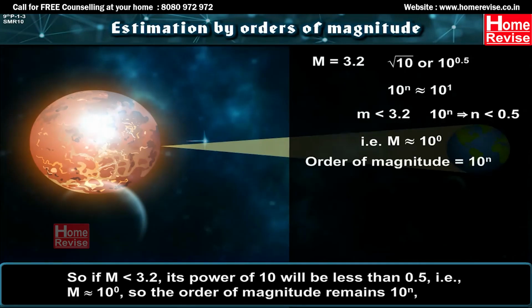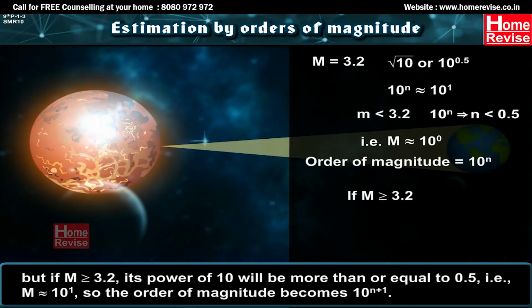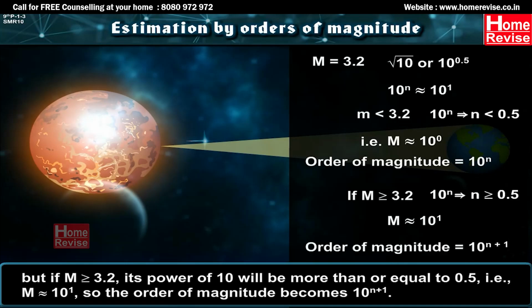So the order of magnitude remains 10 raised to n, but if m is greater than or equal to 3.2, its power of 10 will be more than or equal to 0.5, that is m is nearly equal to 10 raised to 1. So the order of magnitude becomes 10 raised to n plus 1.